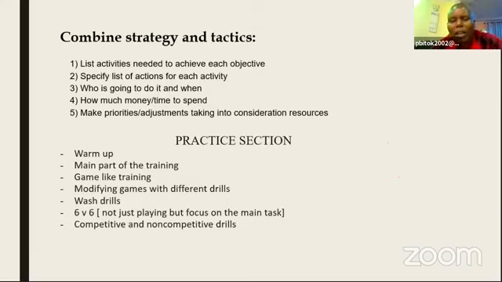And now the last section that I have tonight is the practice section. I won't go into details. We talked, and other coaches also showed us, about the warm-up.